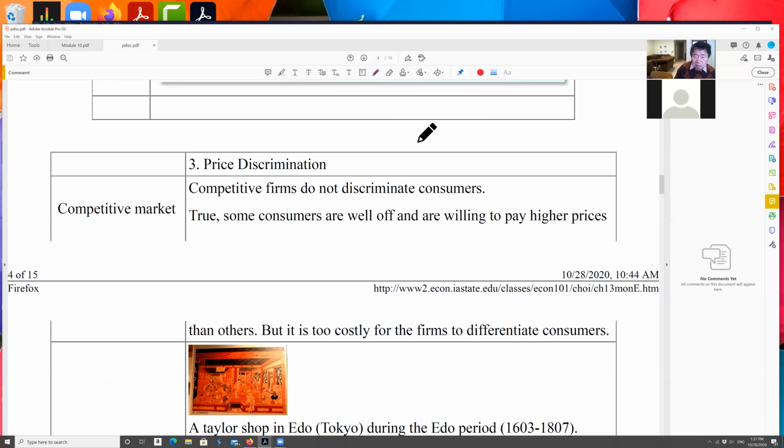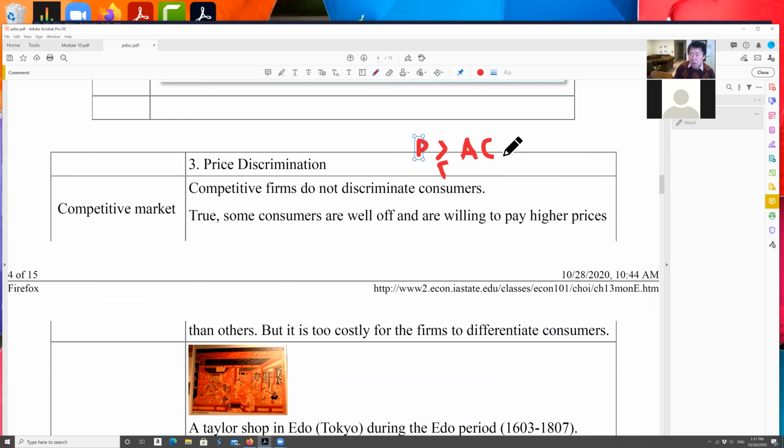Well, there is no guarantee that price will be greater than average cost, even for the monopolist. Okay, so this is a way for some firms to survive as a monopolist, even if price is less than average cost.